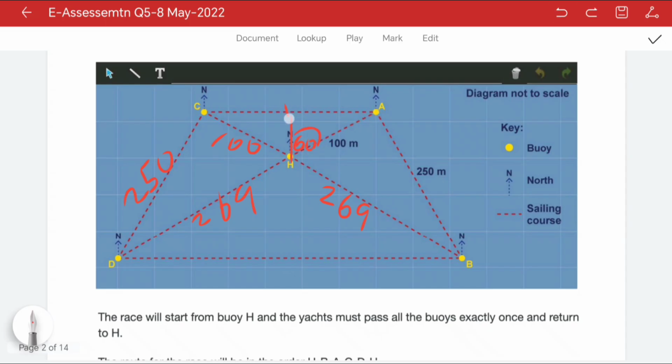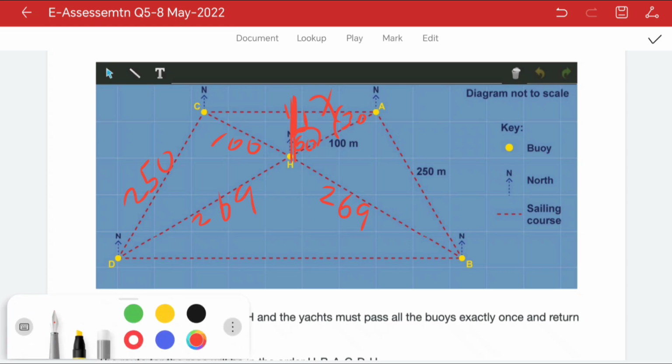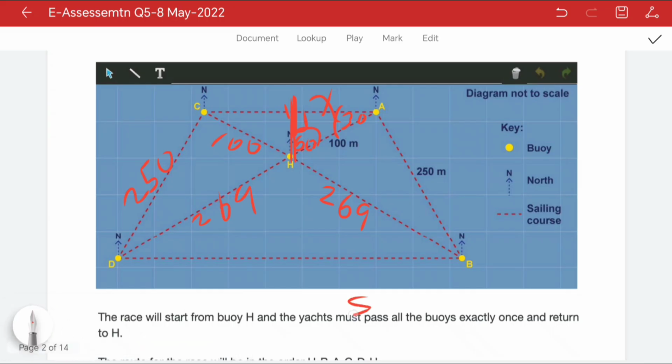Because this divides into half, we can find this x. This is a right angle triangle, so we can use sine or cos, because this is 30, 60 and 90. We can use sine or cos, whatever you like. If I use sine, sine 60 is opposite over hypotenuse. So sine 60 is x, the opposite, over the hypotenuse, which is 100.